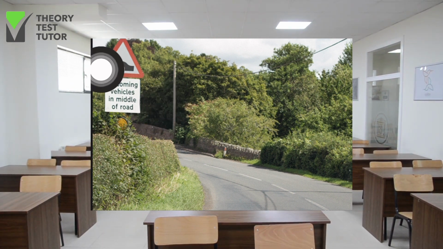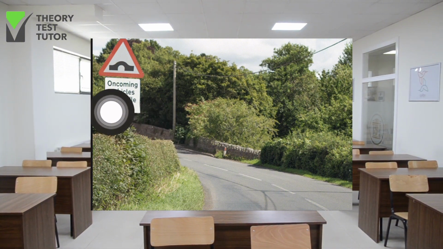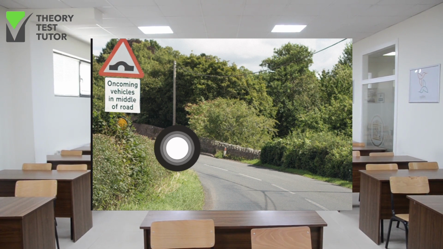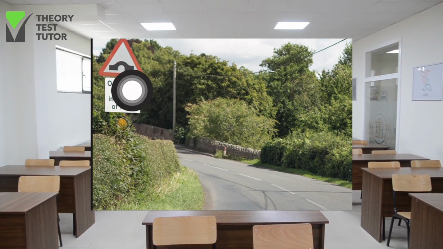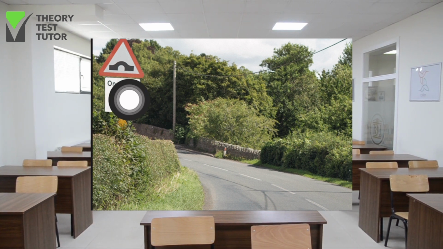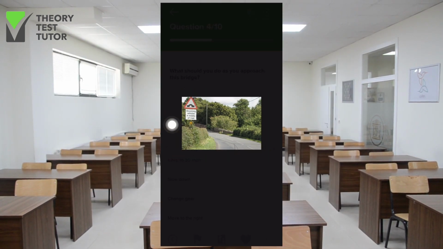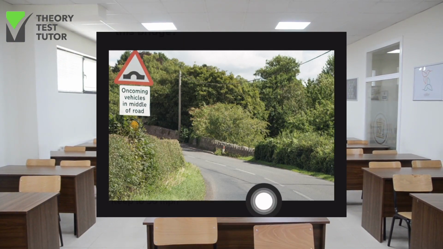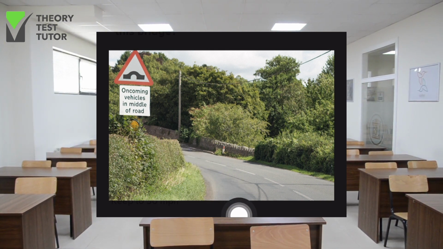We will get to the road signs later on. It also says oncoming vehicles in the middle of the road. Okay, so this is a hump bridge. Triangular sign warning us of a hazard ahead, hump bridge. And what else do we notice here? We can see that there is no footpath.